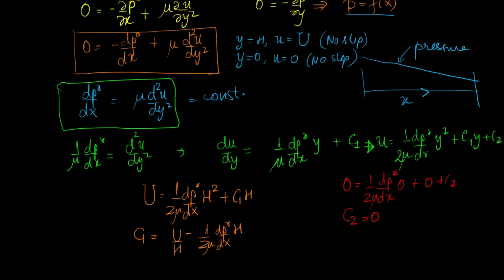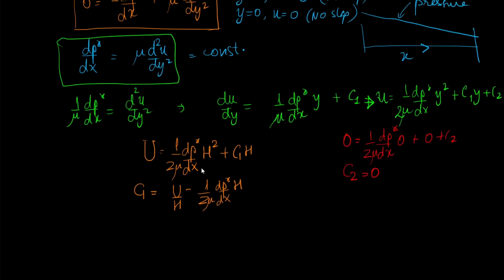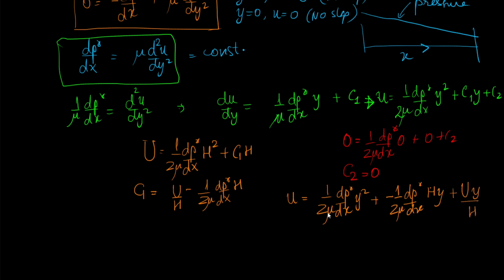So now we can substitute this constant in the function and find out an expression for the velocity. So it becomes 1 upon 2 mu dp star upon dx y square plus c1y. c1y means this times y, so it is minus 1 upon 2 mu dp star dx hy, and this other term plus U y upon h.